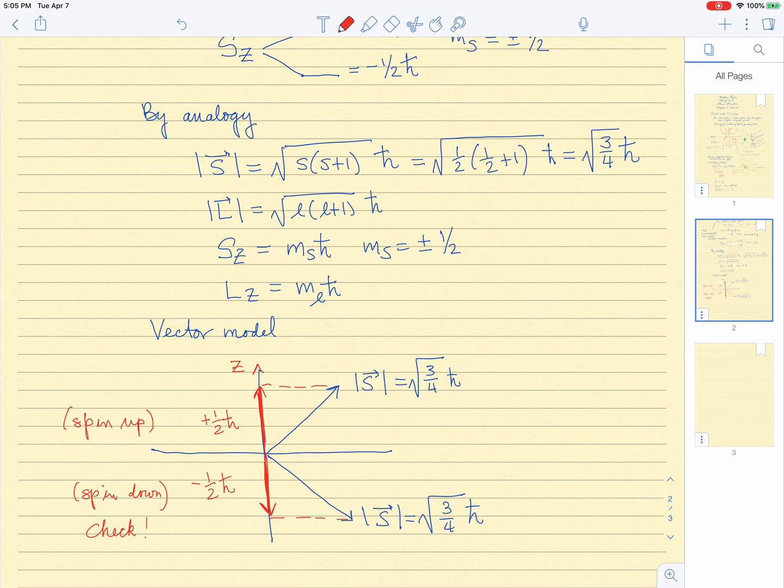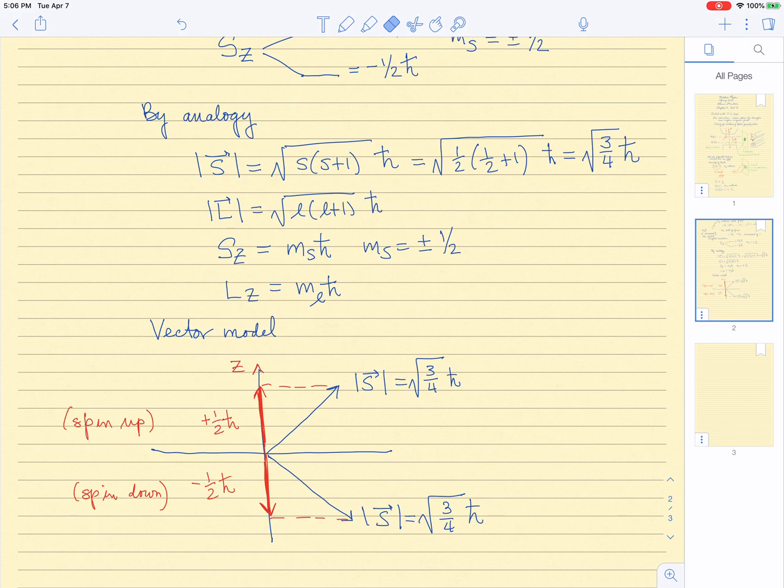This is okay. This is the z component of the angular momentum, so it's the spin up and spin down. Very good. Okay, we're good.